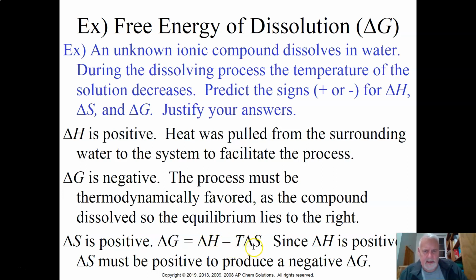So what you need is a positive number here, so that you're subtracting the whole thing so that it ends up being negative. Because if you think about it, if this was negative and negative and negative, that's a positive, and then you would be even more positive, and delta G would never get to be negative. So delta S definitely needs to be positive to produce that negative delta G.